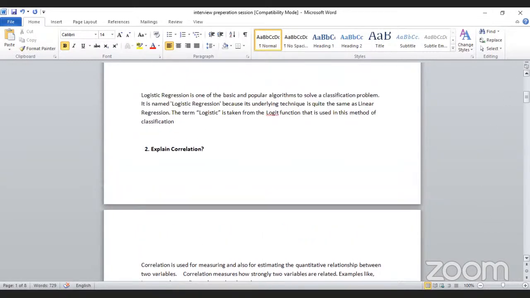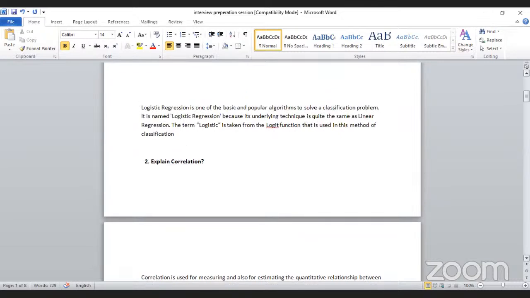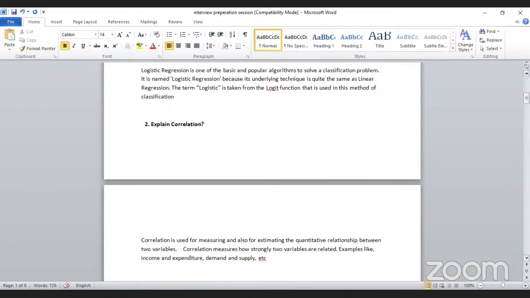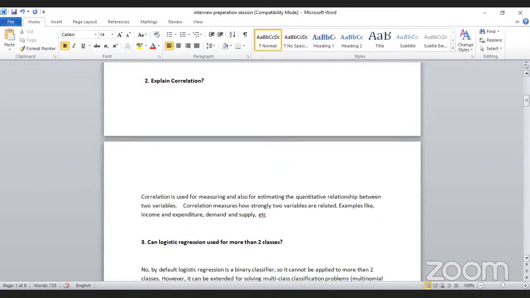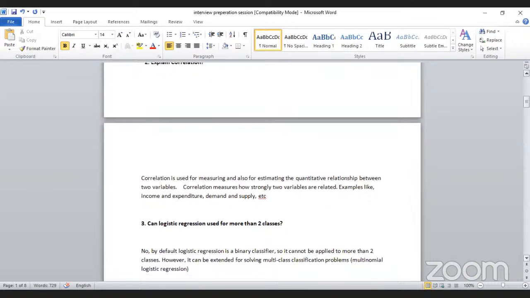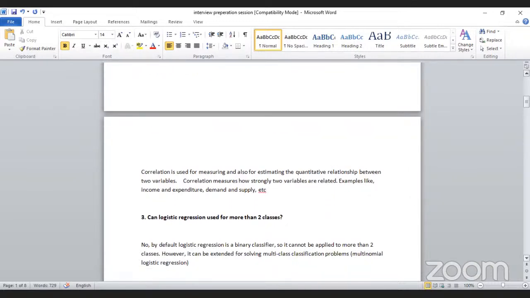As we have seen earlier, logistic regression is used for classification, right? So the question is, can we use logistic regression for more than two classes?